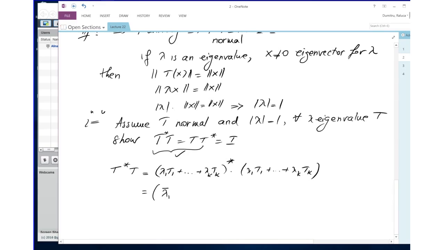If you have a scalar, you're going to take the complex conjugate. All right, but T1 through Tk were orthogonal projections. And we've seen that an orthogonal projection means being equal to its adjoint, so being self-adjoint. So I'm going to replace T1 through Tk star by T1 through Tk.